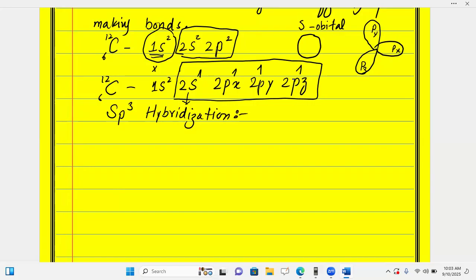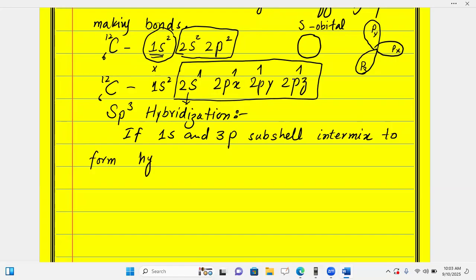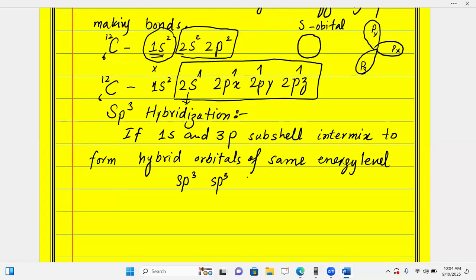When the 1s and 3p subshells intermix to form hybrid orbitals of the same energy level, they should be taken as sp3, sp3, sp3, and sp3, as four orbitals are formed.